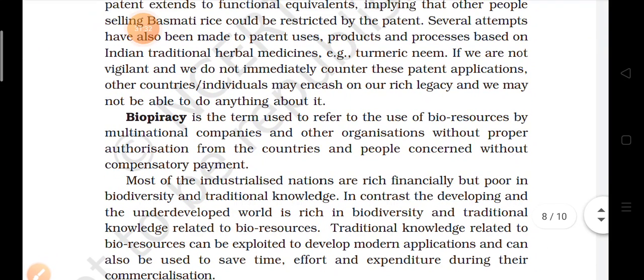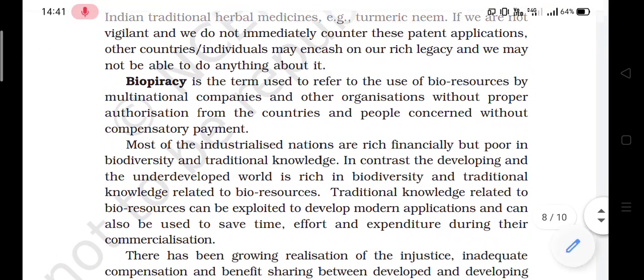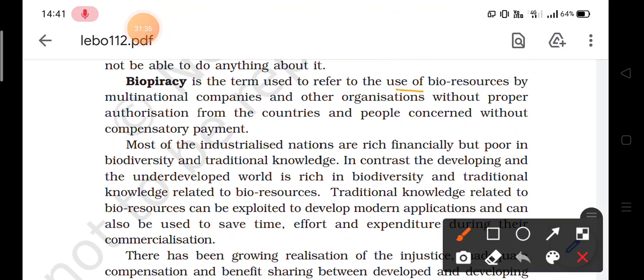Now biopiracy. Biopiracy refers to the use of bioresources by multinational companies and other organizations without authorization from the countries. We have just talked about what the multinational company of America did: it took the basmati rice, crossed it with the semi dwarf varieties, and then gave it their own name.